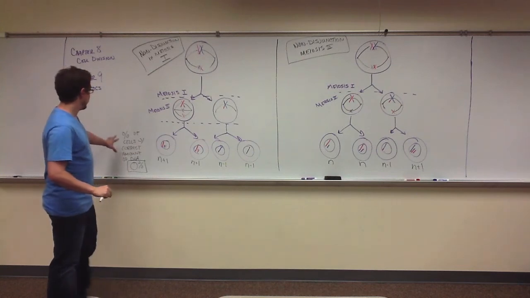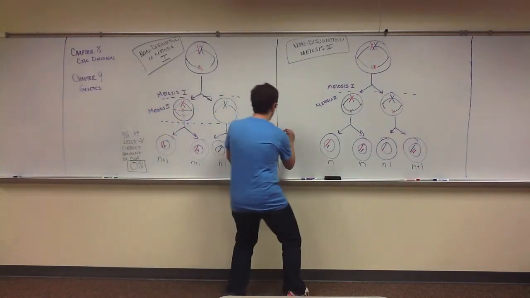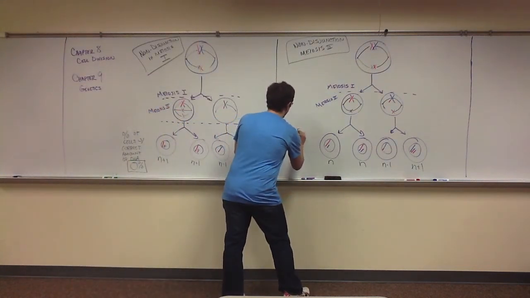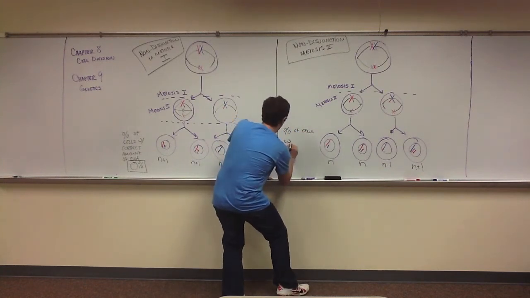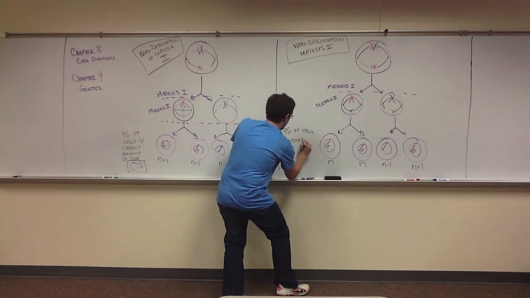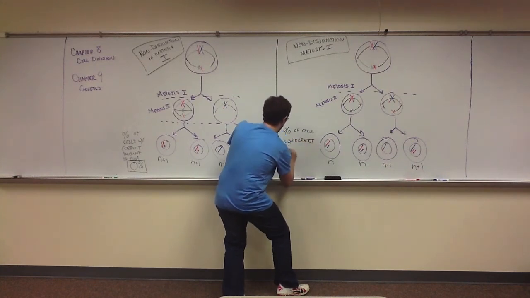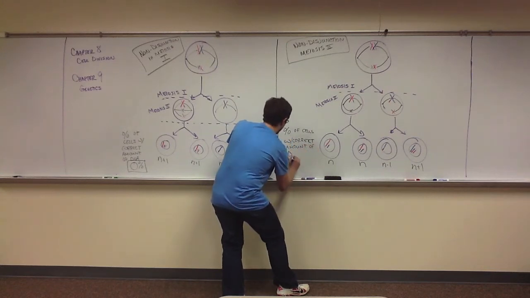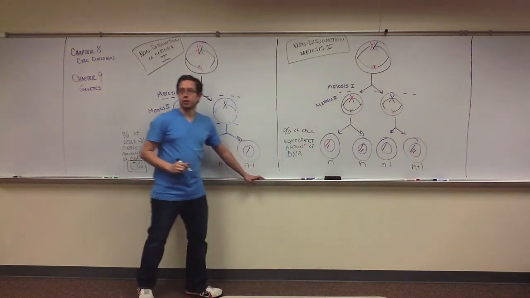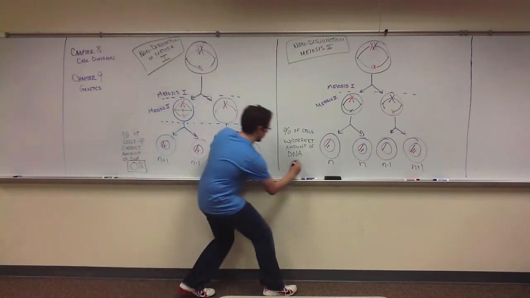So, in regards to the same question, percent of cells with the correct amount of DNA, what's my percentage of cells that wind up with the correct amount? 50%, right?